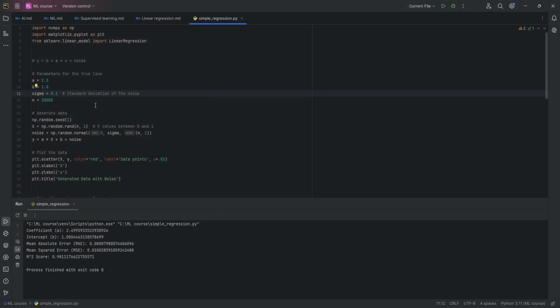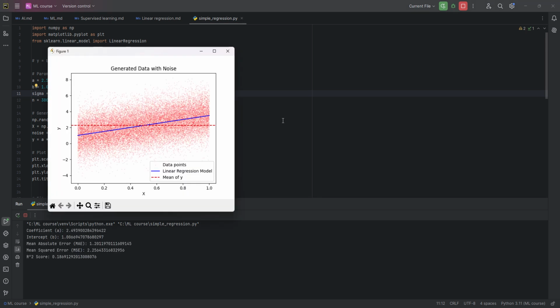Now let's go the other way, and put sigma at 1.5. Let's run it again. Now you can see that the data is much more noisy, but because it was normally distributed noise, we can still find the model almost perfectly.